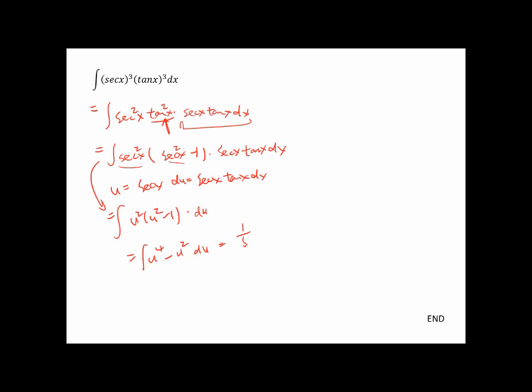That's 1/5 u to the 5th minus 1/3 u cubed plus c. Plug back in: 1/5 secant x to the 5th minus 1/3 secant x cubed plus c. So this is my answer.